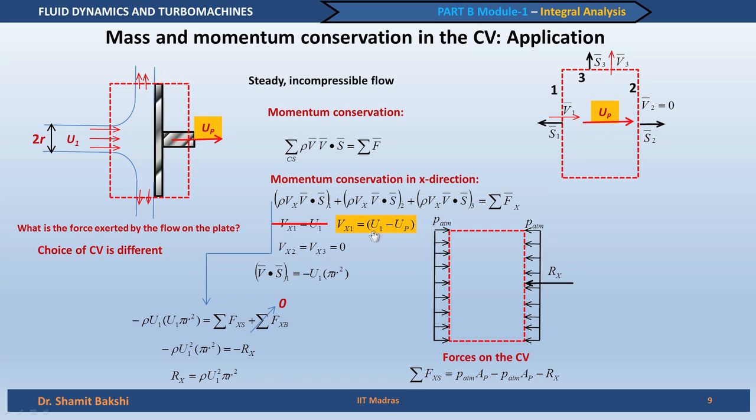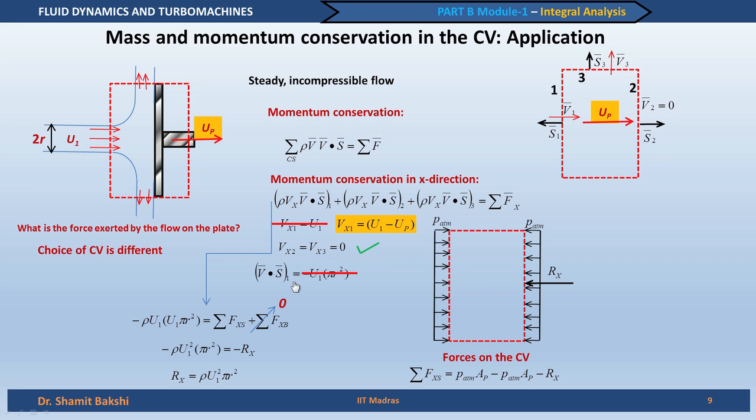So, V x 1 will be u 1 minus u p. This equation will still hold good. V x 2 and V x 3 will both be 0, because the reference frame is moving along with the control volume. So, with respect to the observer, the velocity of fluid on these control surfaces will still be 0. So, this is correct.